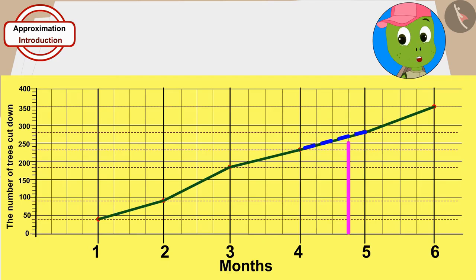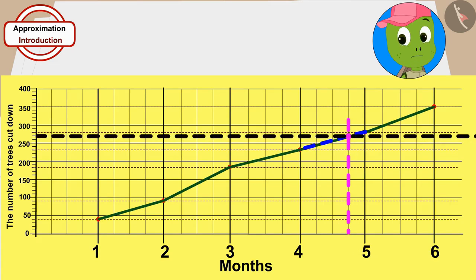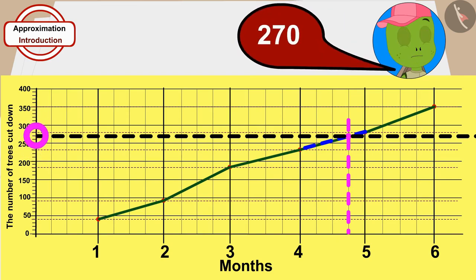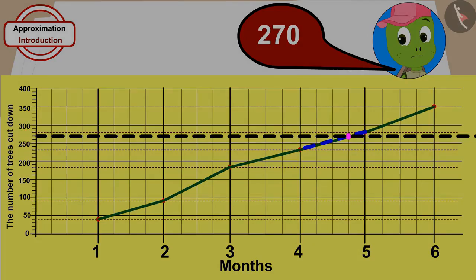In this way, where the vertical line of the third week of the 5th month is meeting with this line, from that point I can approximate how many trees will be cut in total by the end of the third week. Oh God, this point is at 270. By the end of the third week of the 5th month, a total of 270 trees were cut.